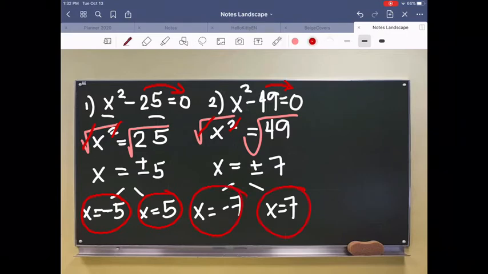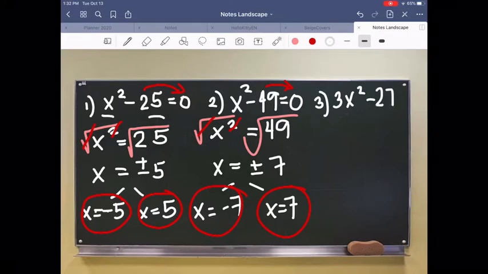Now for number 3, what if you have something like this? 3x squared minus 27 equals 0.